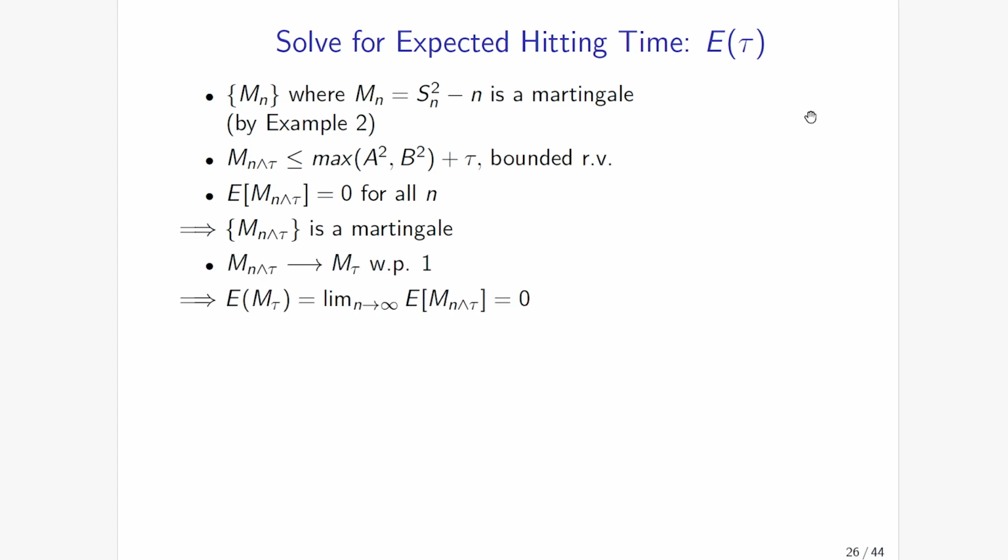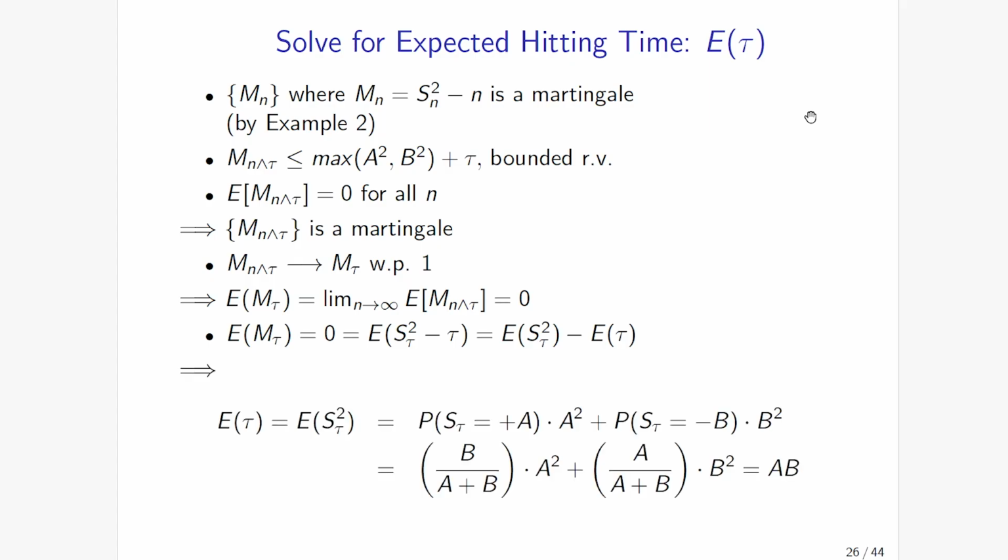And so if we look at the expectation of M tau, this transformation of the original martingale Sn, it has 0 expectation, which is equal to the expected value of S tau squared minus the expected value of tau.